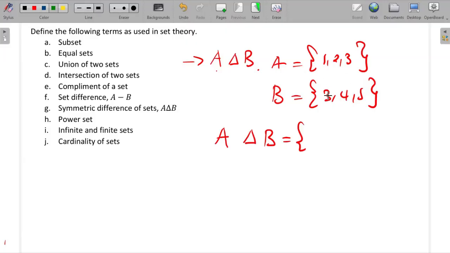What is in the intersection here is 3. 3 is in both, so we cancel it out. So 1 and 2 are in A, and then 4 and 5 are in B. So the set contains elements either in A or B, but not in both. We just cancel out those elements that are appearing in both sets.